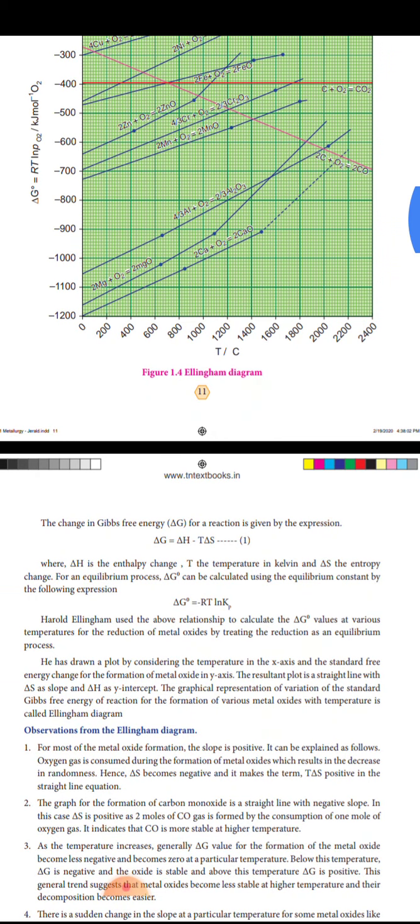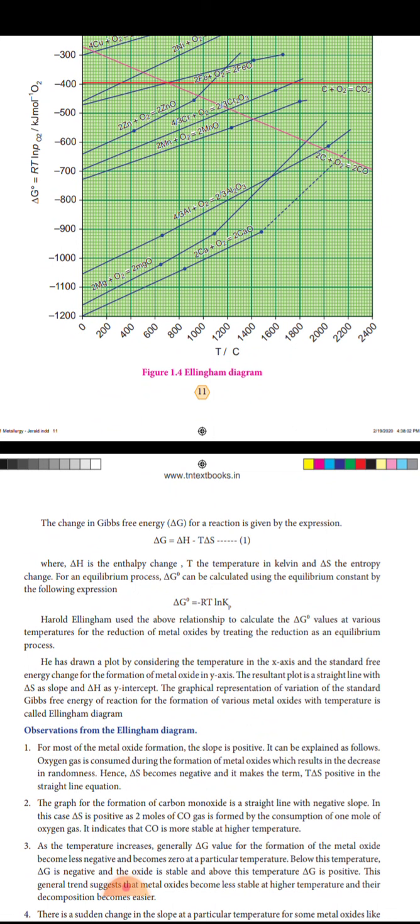The change in Gibbs free energy delta G for the reaction is given by the expression delta G is equal to delta H minus T delta S, where delta H is the enthalpy change, T is the temperature in Kelvin, and delta S is the entropy change.